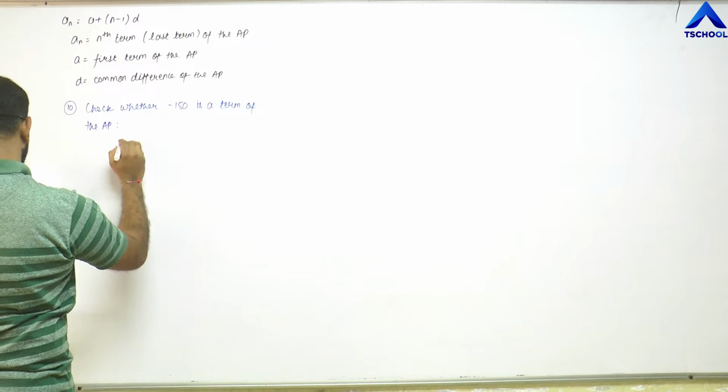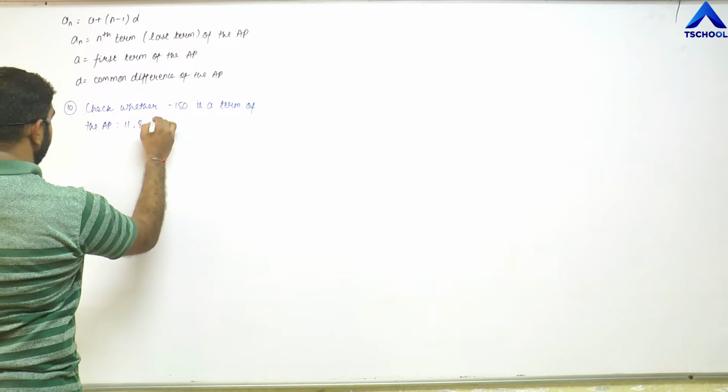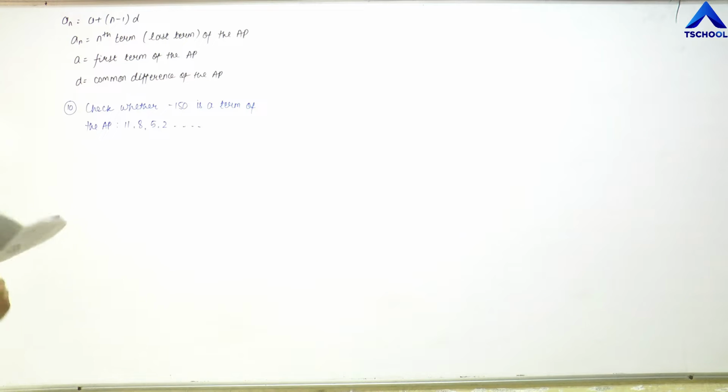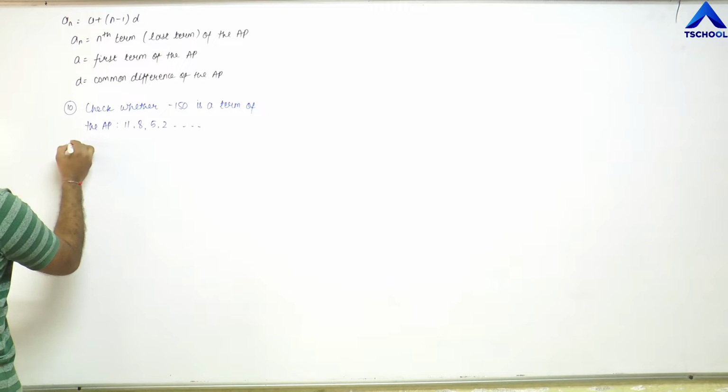The AP given here is 11, 8, 5, 2 and so on. Check whether minus 150 is a term of this arithmetic progression or not. So let us check how to solve.